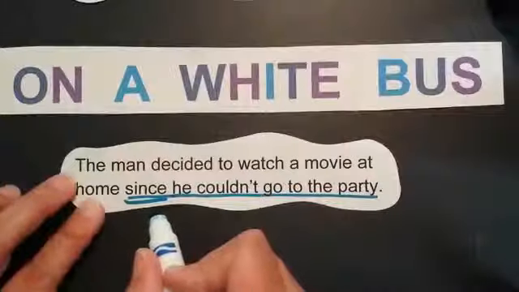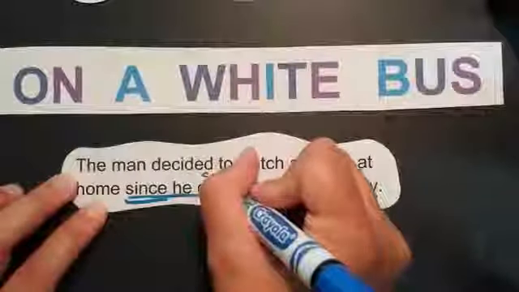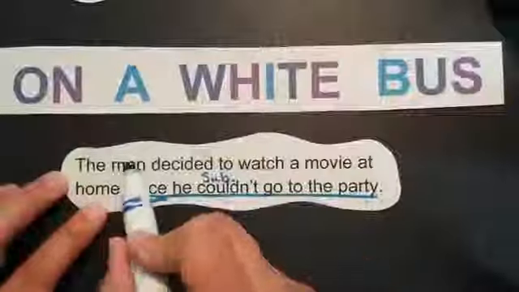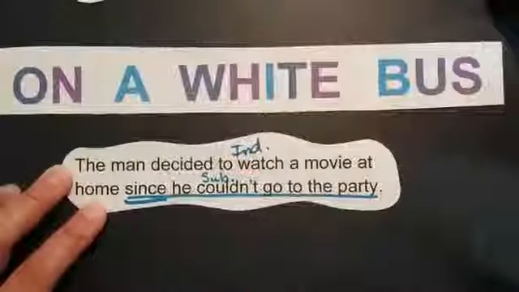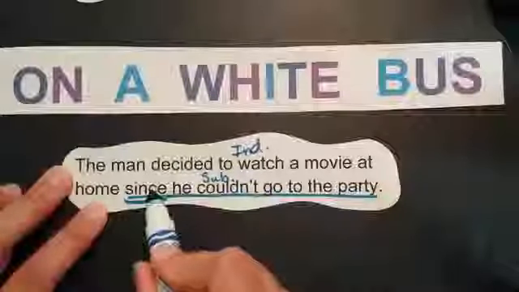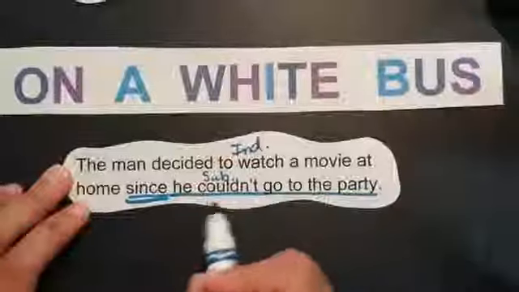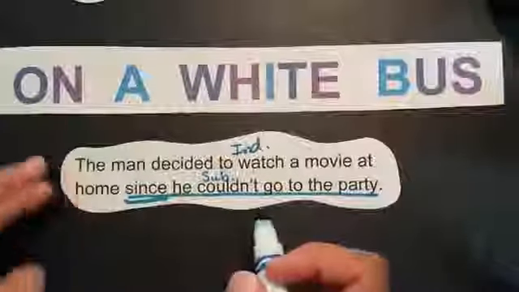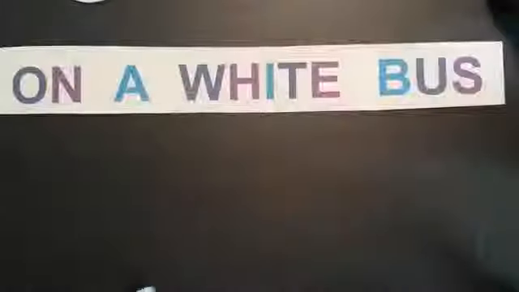So I have a subordinating conjunction here with a subordinate clause. And the man decided to watch a movie at home is an independent clause. I also could turn this around and say since he couldn't go to the party, comma, the man decided to watch a movie at home. And that would be a dead giveaway that I have a subordinate clause and a subordinating conjunction.